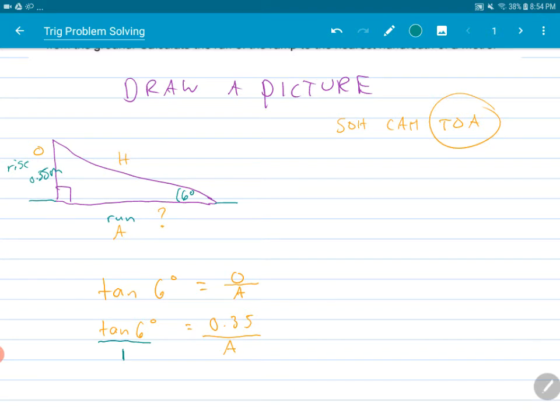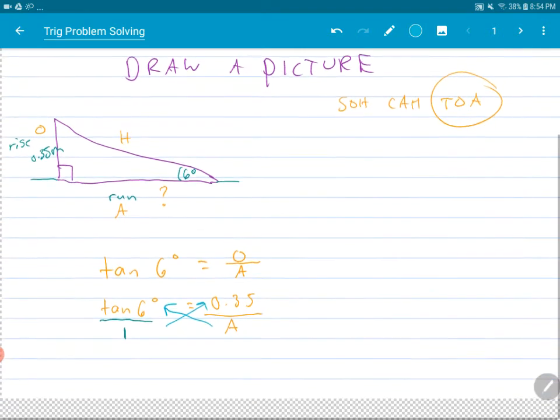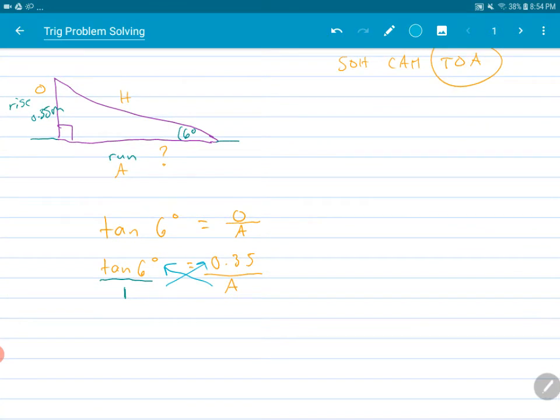And that way we have 2 fractions with an equal sign in between them, and we can do cross multiplication to try to get our variable by itself. So if we do cross multiplication, we do a times tan 6, which is a tan 6 degrees. We can put it in brackets if we want, equals 0.35.